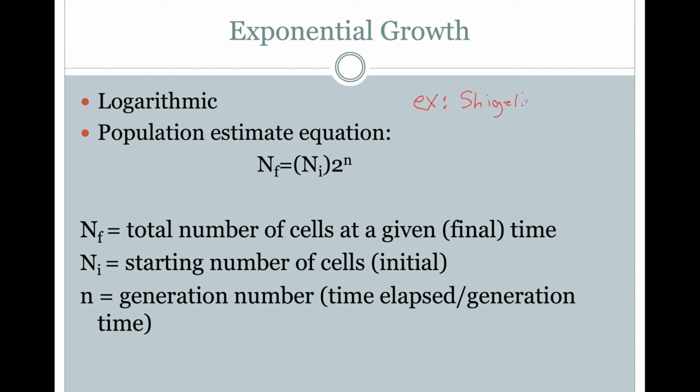We're going to give an example with Shigella, which is a gastroenteric pathogen that causes gastroenteritis. There are lots of different species of this, but we'll just say in general the ID50 of Shigella is about 5,000.